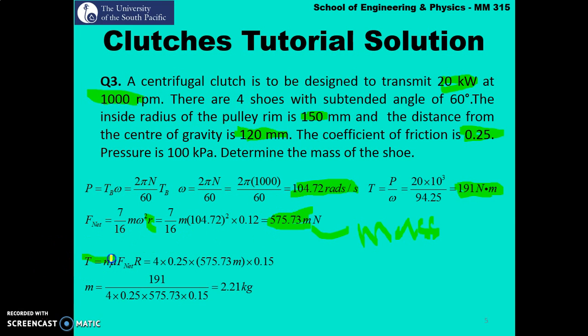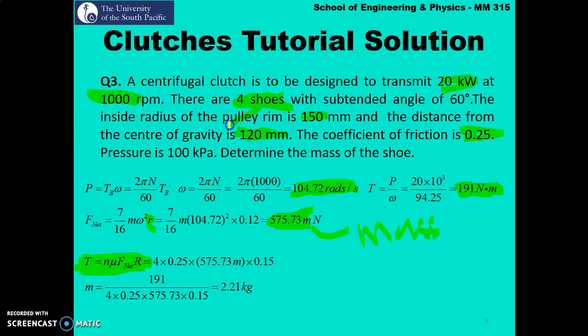Now this equation is again from your lecture notes. The torque that is acting is equal to n mu F net r. n is the number of shoes, mu is the coefficient of friction, F net is the net force acting on each shoe, and r is the inside radius of the rim. The number of shoes is 4, because it says that there are 4 shoes.